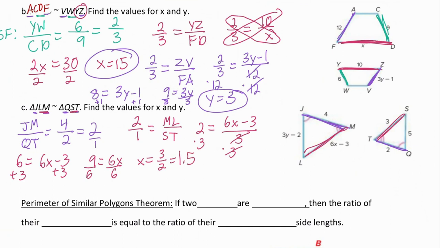And then I do the same thing in order to find y. So again, we have this side, JL, and JL is going to correspond with QS. So I can say my ratio, 2 over 1. I'm going to change colors actually.